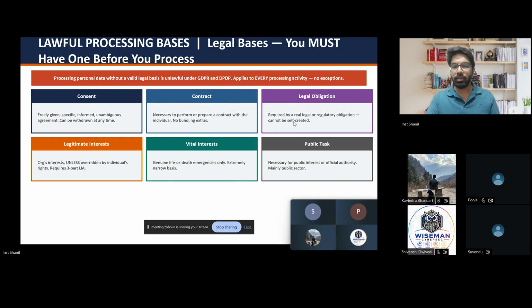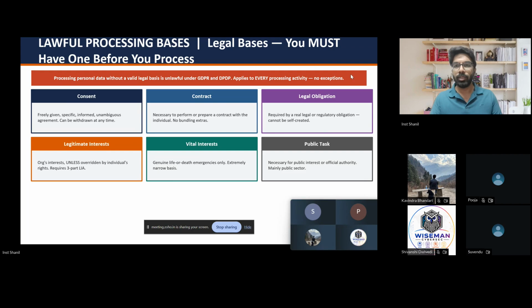Legal obligation: required by a real legal or regulatory obligation, it cannot be self-created. If a government authority reaches out to you for sharing the data which a company holds, that is a legal obligation and you cannot deny a government sharing any details of yourself, right?